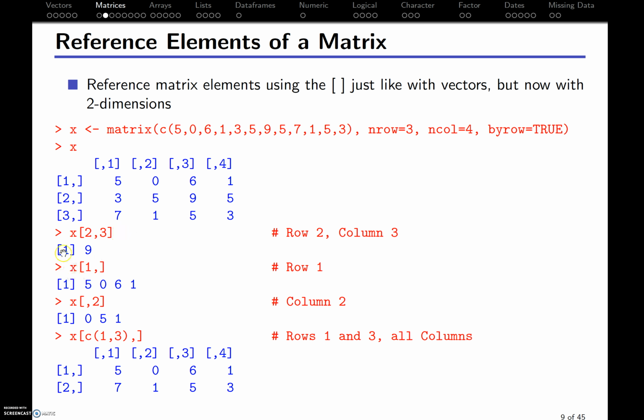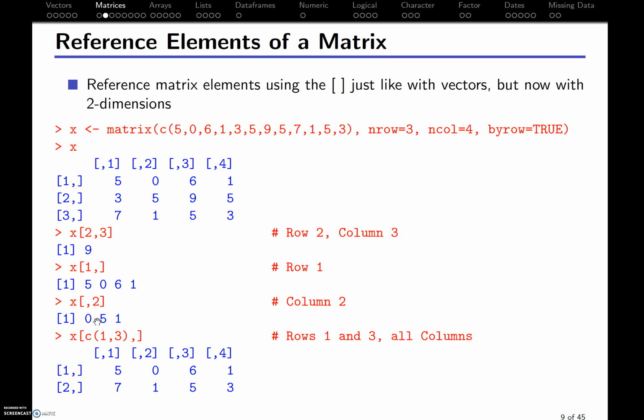Notice you just use the brackets as we did for the vector, but you separate the row and column number by a comma. If you want to obtain a specific row, you just name the row before the comma and leave the column blank. Similarly, if you want to pull out a column, you leave the row blank and specify a particular column.